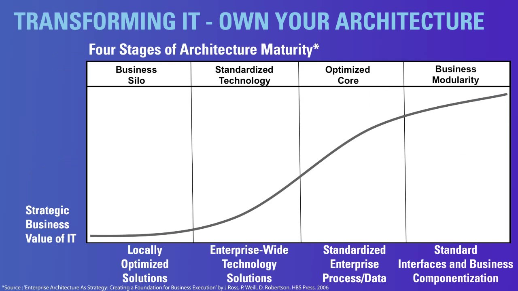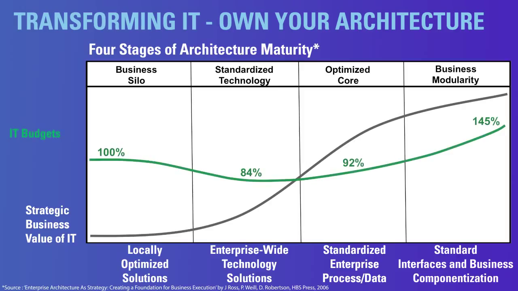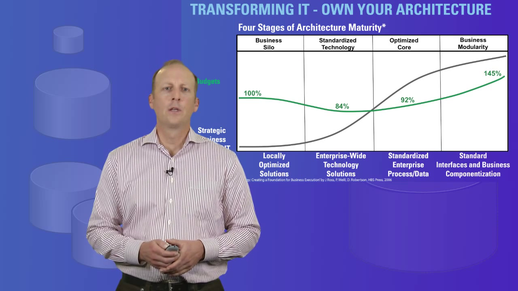So how are IT budgets affected as we move through these 4 stages? Starting with the business siloed world, if that is 100% of your IT budgets today, when you move to standardization, by the mere fact that you're getting some standards in place, you're going to have some cost savings.